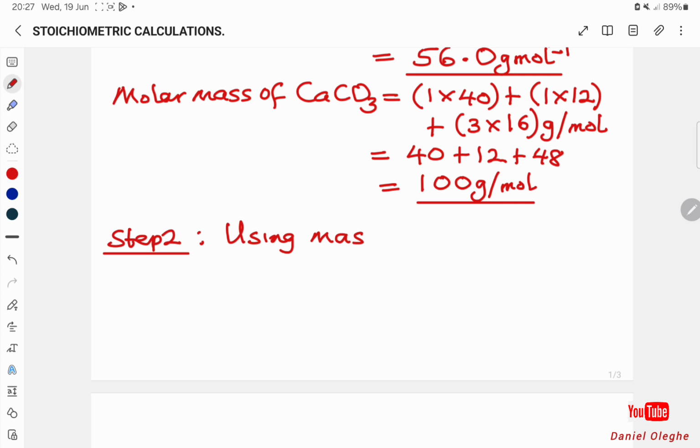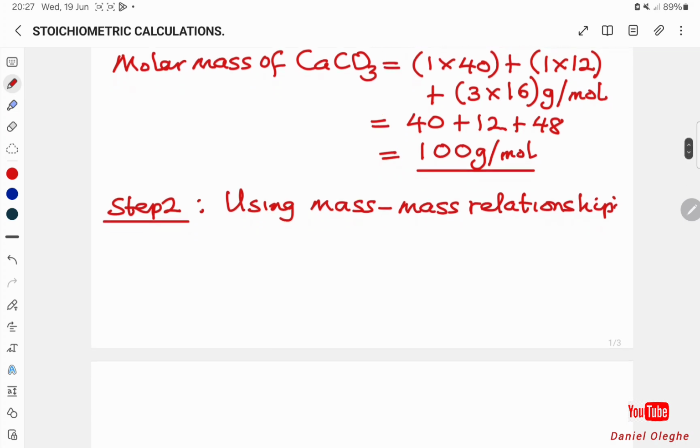From the question, we are asked to find the mass of calcium oxide from the mass of calcium carbonate reacting. So we are relating them mass to mass together, using mass to mass relationship as follows.